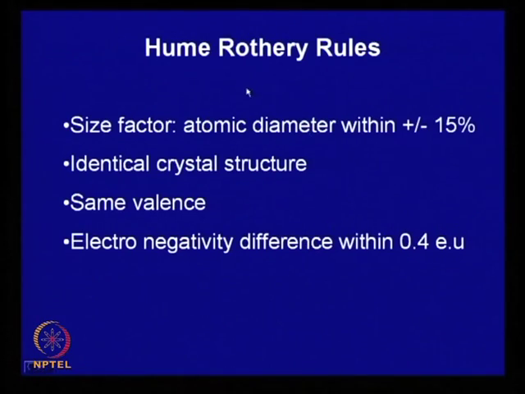Now, the rules that govern the solubility limit are known as the Hume-Rothery rules. One of the most important factors is the size factor. If the atomic diameters of two metals are within plus minus 15%, then we find that they have very large solubility, provided a few other conditions are met.